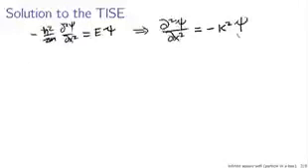And this is the sort of little trick that people solving differential equations employ all the time. Knowing what the solution is, you can define a constant that makes a little more sense, in this case using a square for k instead of just some constant k. In this circumstance, k is equal to root 2m times E over h bar. So this is our constant, which you just get from rearranging this equation.